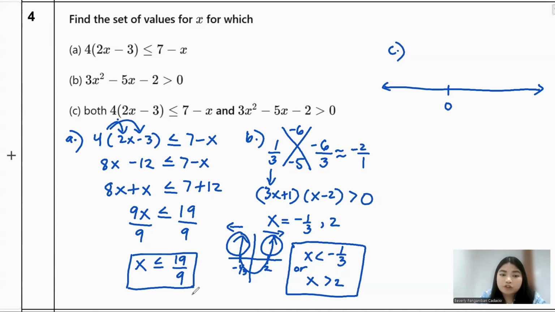I want you to plot your 19 over 9, your 1/3, negative 1/3, and your 2. You need to put it there. So maybe my negative 1/3 is around here, and then the 2 is here. And then the 19 over 9, when you put it in the calculator, is around 2 point something, so it will be around here. You don't need to be accurate on this one.